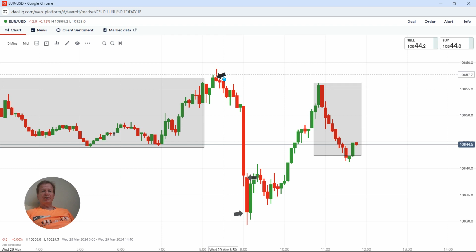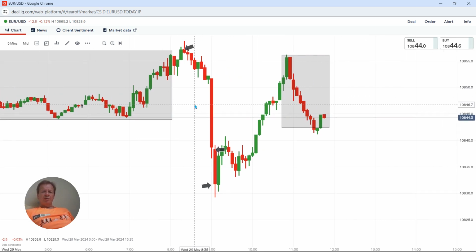Having said that, the pound against the US dollar is highly correlated with the Euro US. In other words, they work in similar ways, so they tend to move in the same direction. So I was checking on the Euro US as well, as that should give me an indicator that the pound US wasn't going to work out, because if this started to come down, that's what would happen to the pound against the US dollar.